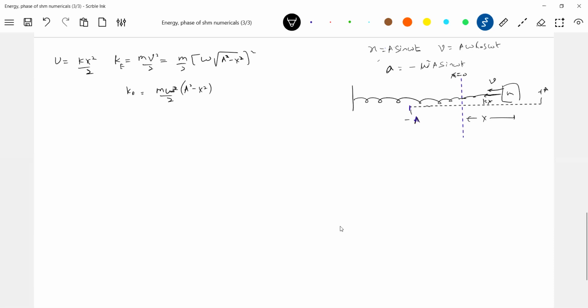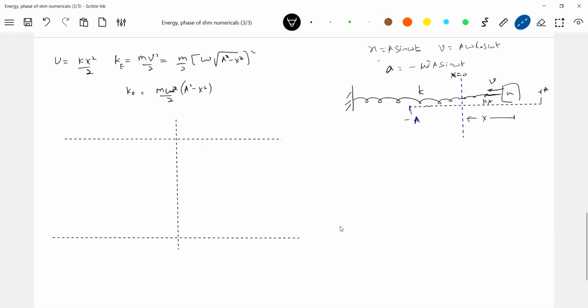Let's plot it as a function of the position of the block. X I'll measure from the mean position, x equal to 0. Getting the idea? Okay, now let's plot the graph. I'm interested in the graph. Very important, we'll be finishing off the maximum theoretical concept of this.